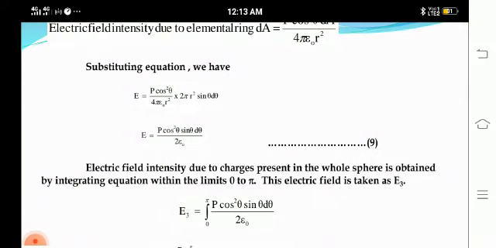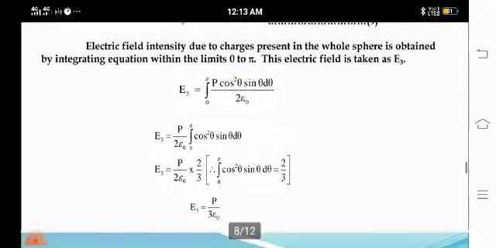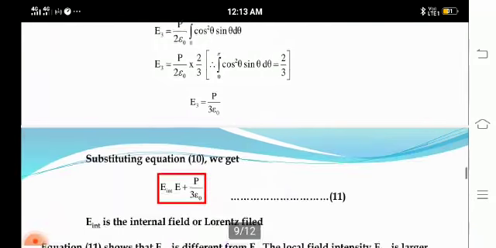This electric field is taken as E3, that is E3 is equal to the integral from 0 to pi of P cos squared theta sin theta d theta divided by 2 epsilon naught. By evaluating the integral, E3 is equal to P divided by 3 epsilon naught. Substituting, we get E internal is equal to E plus P divided by 3 epsilon naught.